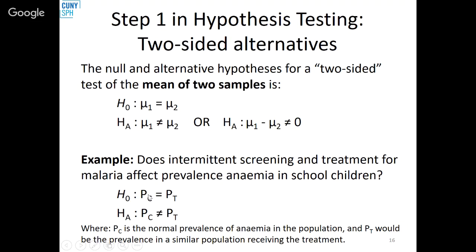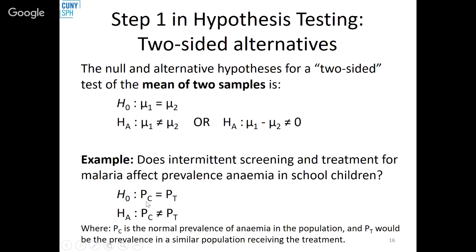The null hypothesis is that the prevalence of anemia under the normal standard approach is exactly the same as the prevalence of anemia in schools receiving the intermittent screening and treatment.